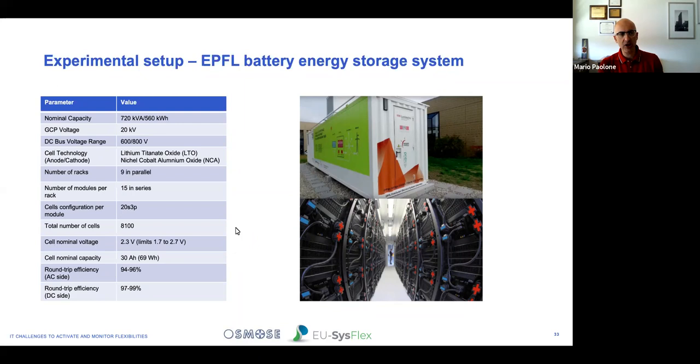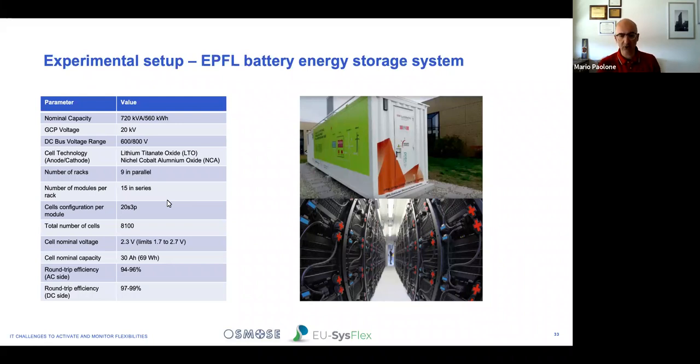The cell technology is lithium titanate oxide for the negative electrode, and for the positive electrode it is nickel, an NCA technology. We have 9 racks in parallel, 15 modules in series. So the cell configuration per module is 20S3P. There are more than 8,000 cells.